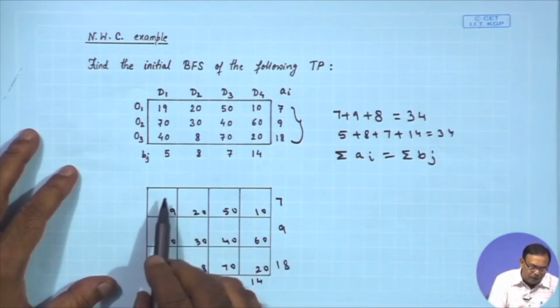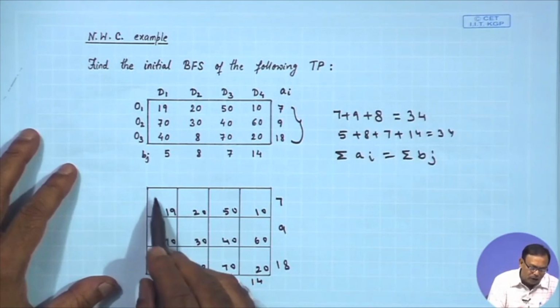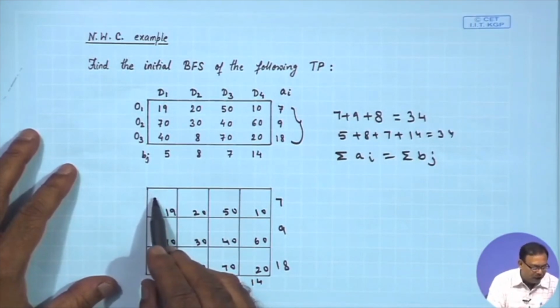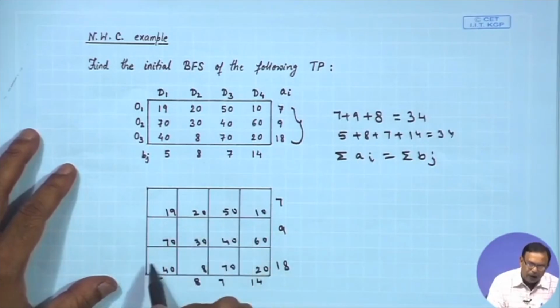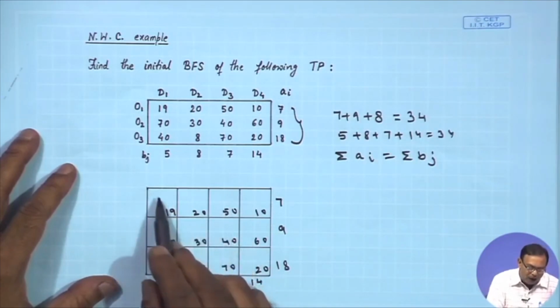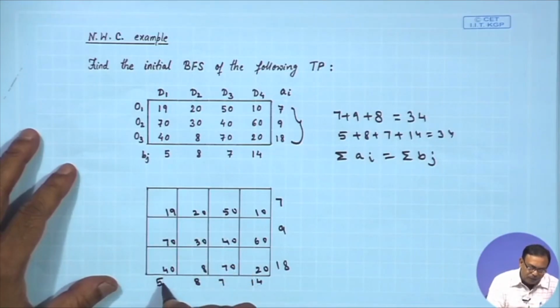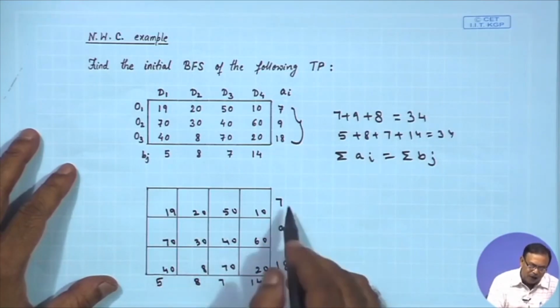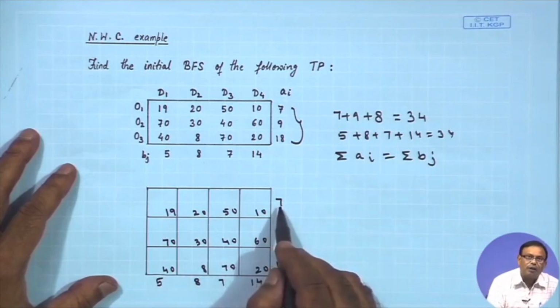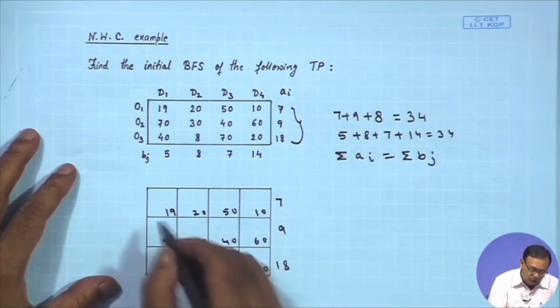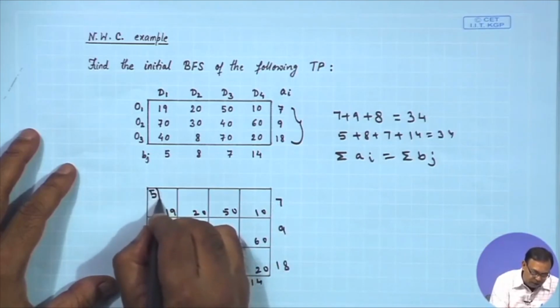So, you start from the northwest corner, that is you start from here and proceed this way, one after another. In this case this value is 5 and this value is 7. So, the minimum of A i and B j is 5. So, allocate this 5 to this cell.